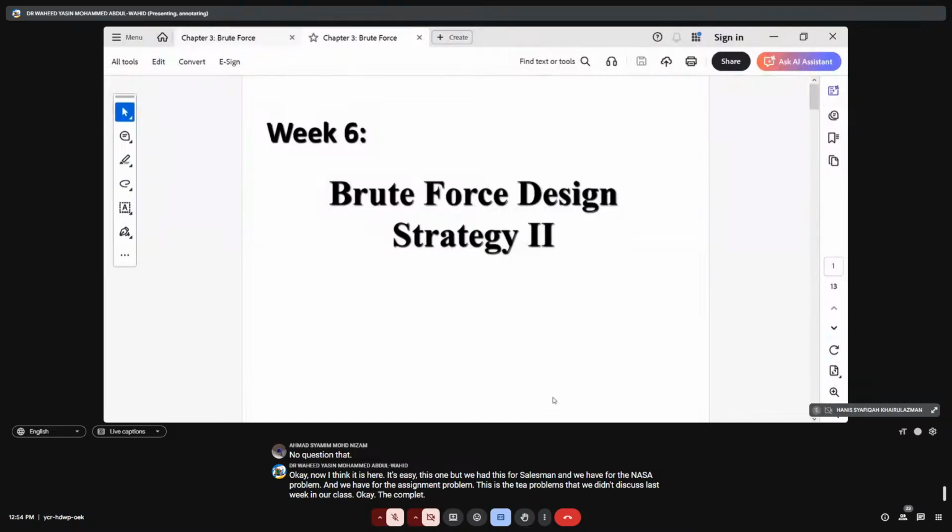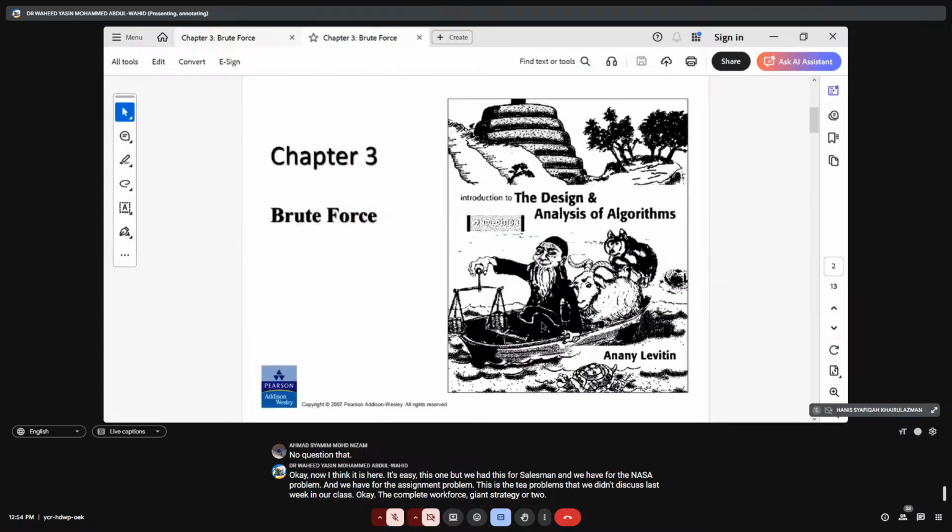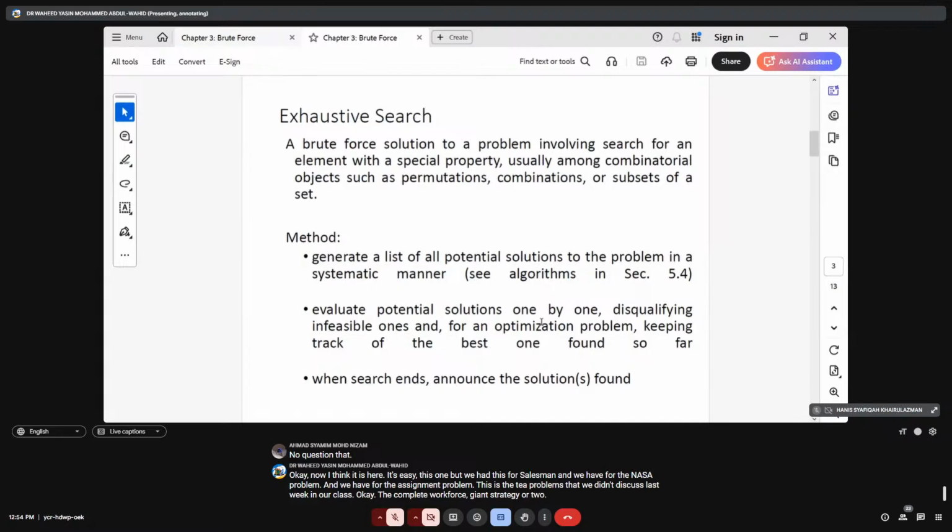We complete brute force design strategy part 2. A brute force is a solution to problems involving search for an element with a special property, usually among combinatorial objects such as permutations, combinations, or subsets of a set.